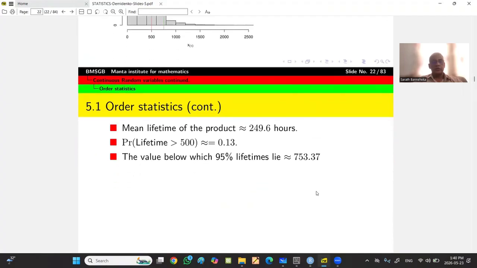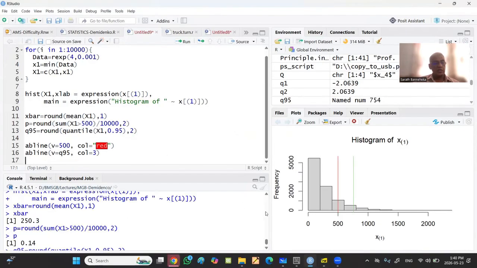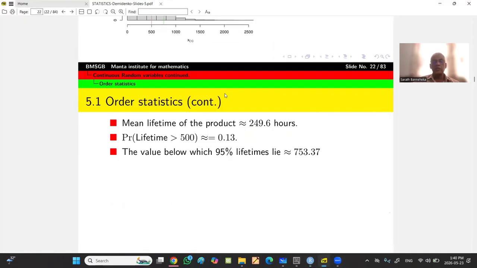So this is what I got when I ran it, because these are simulations. These values are coming from 10,000 simulations, so the answers can be slightly different from time to time. For example, in the previous case, I got 250.3 as the mean. When I did it earlier, it was 249.6, which is again approximately 250.